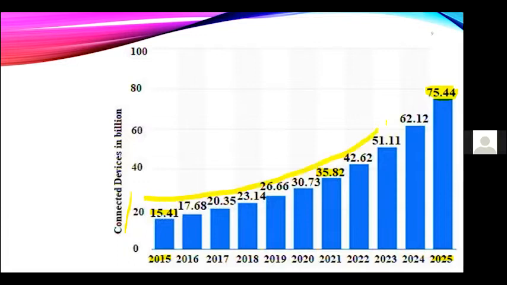The rate of increase is increasing, so it is showing an exponential rise in the count of connected devices. The count of connected devices is increasing, which means the Internet of Things is penetrating every application involving human life.